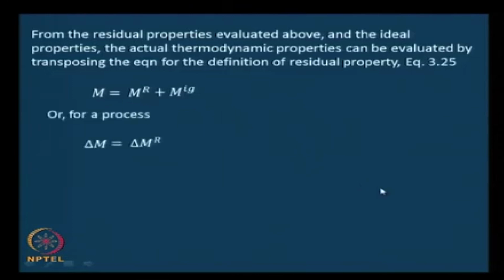Therefore, if you have the ideal gas value, then you could find the actual value, or for a process when you are going between points or states 1 and 2, M2 minus M1 or delta M equals delta Mr plus delta M ideal gas.